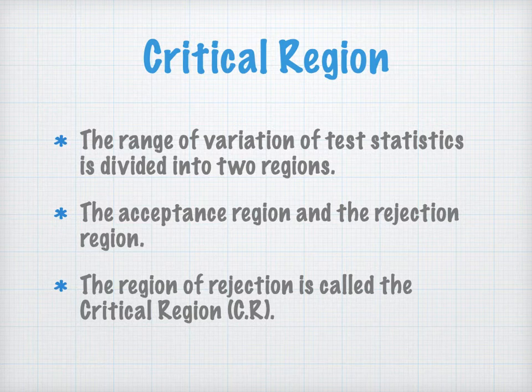If the test statistic value lies in the acceptance region, then we will accept the null hypothesis. And if it is in the rejection region, then we will reject this null hypothesis.